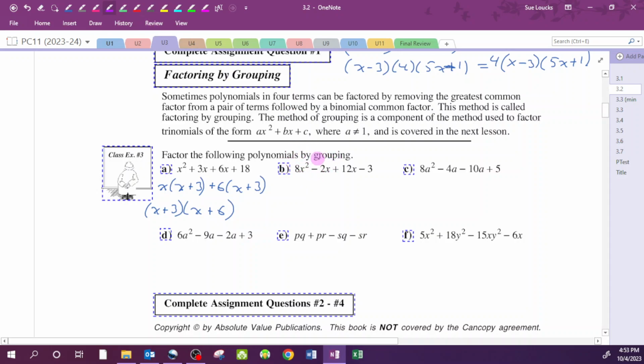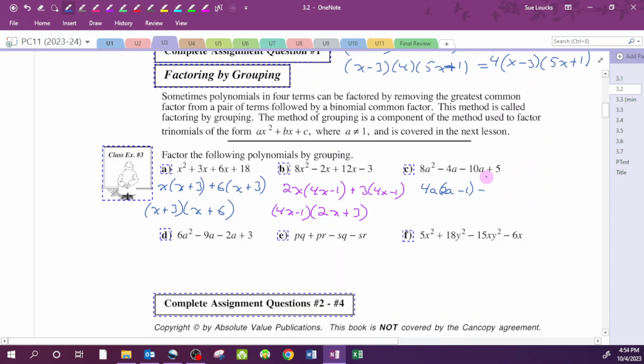So if I look at these first 2, I've got 2x times 4x minus 1 plus 3 times 4x minus 1, which means I have 4x minus 1 times 2x plus 3. And here I've got 4a times 2a minus 1, sorry, minus.